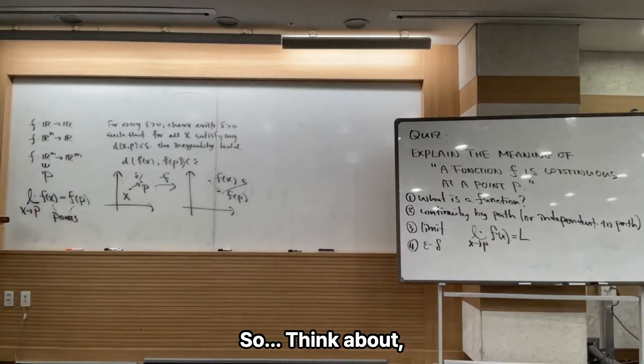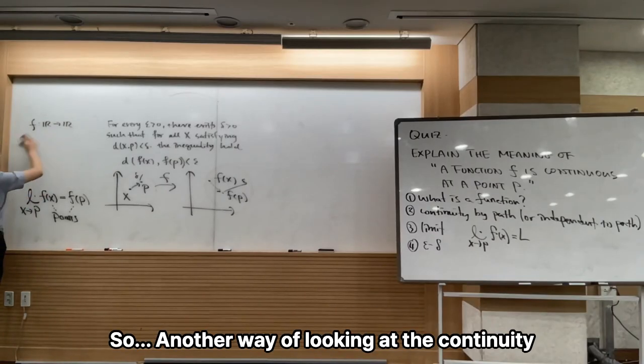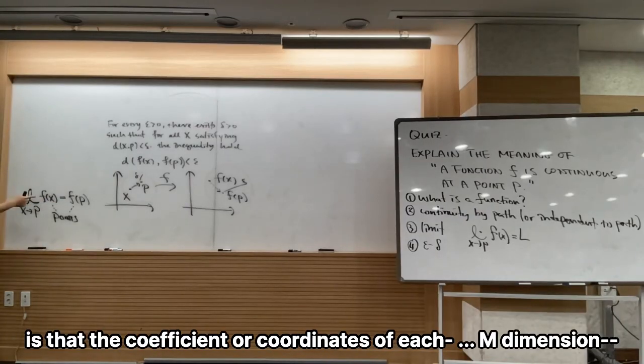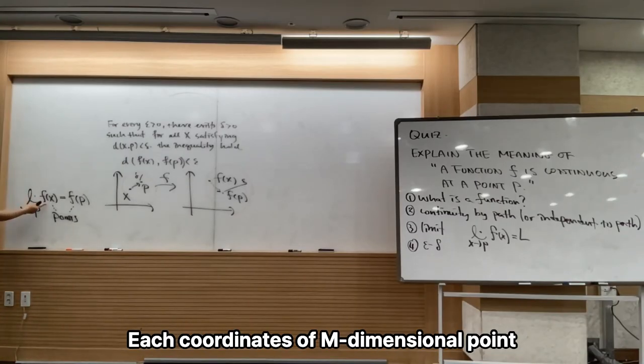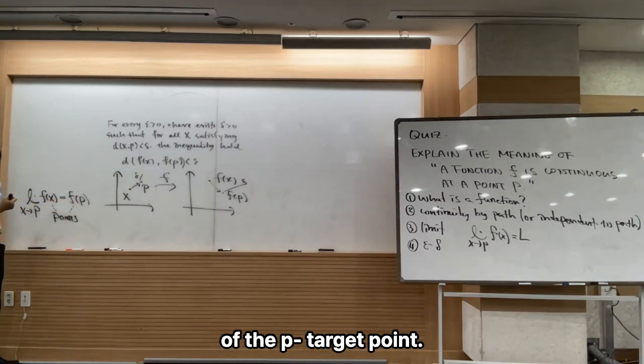Think about the equation I wrote when I introduced the classification. Another way of looking at the continuity of a multivariable function is that each coordinate of the m-dimensional point is going to approach that coordinate of the target point.